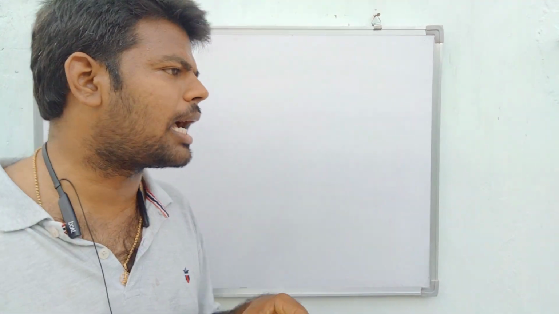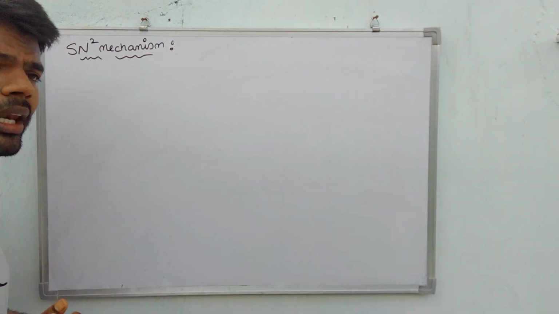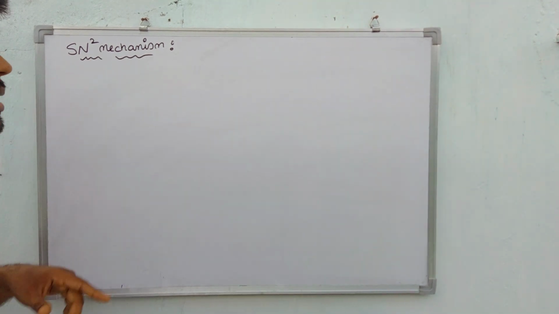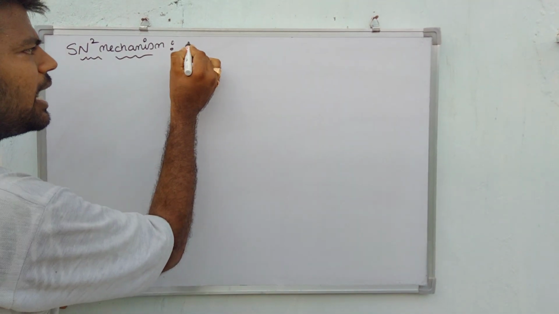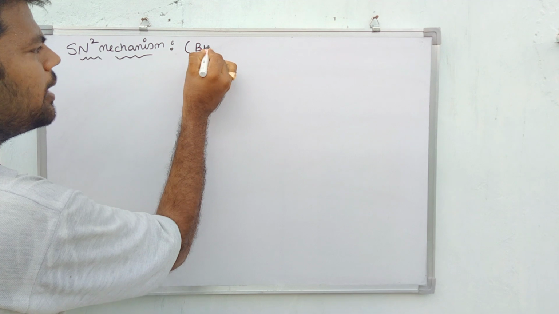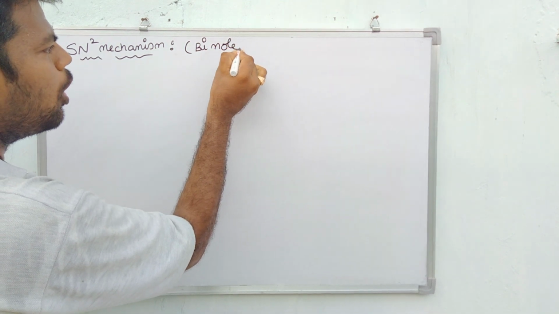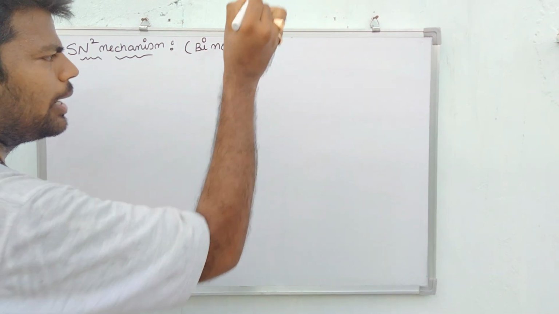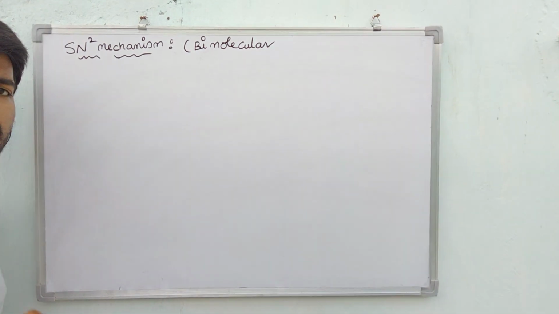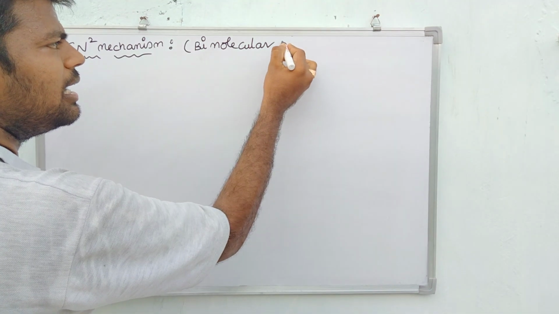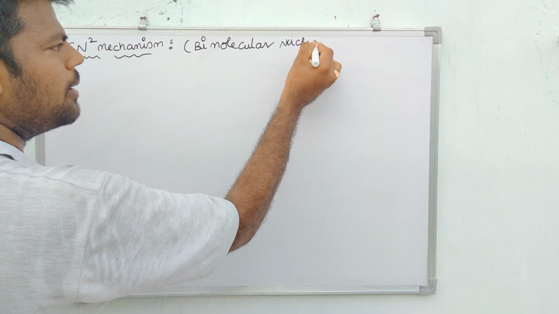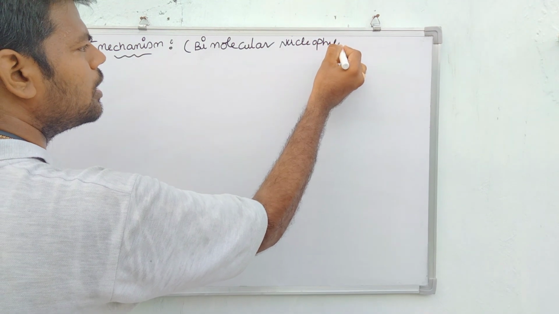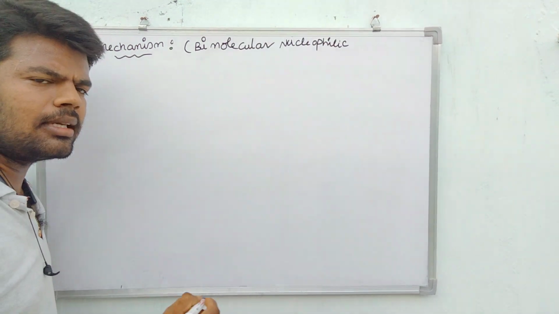Before discussing, first, what is the meaning of SN2 mechanism? Observe carefully: in SN2, the 2 represents bimolecular. N represents nucleophilic.